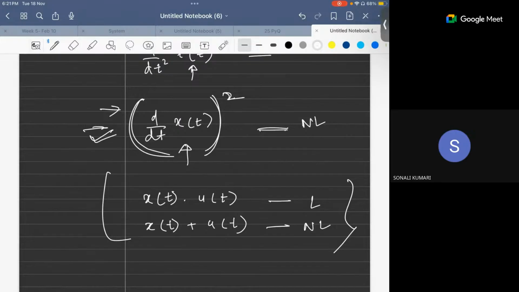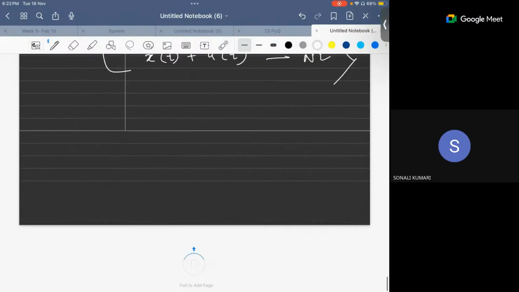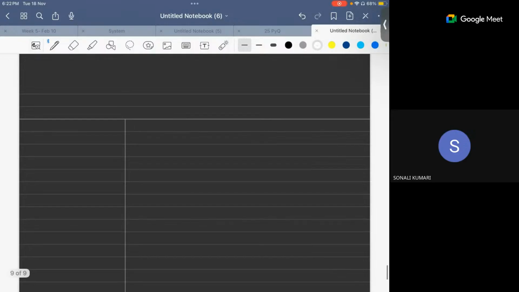Whenever you build an integrator or differentiator with the help of a capacitor or some devices, that is how this system works. Otherwise, if it was non-linear, it would not have worked. So that's why the integrator and the differentiator will work as a linear system, always.